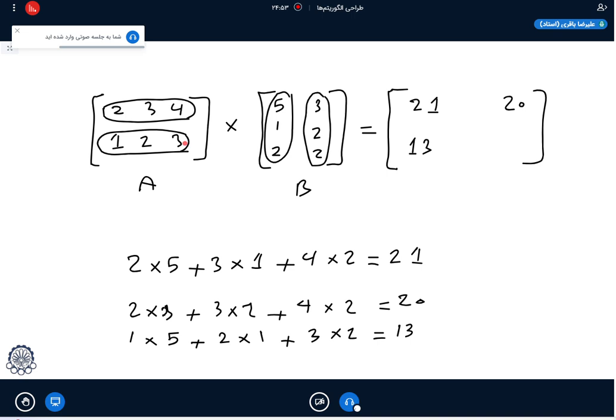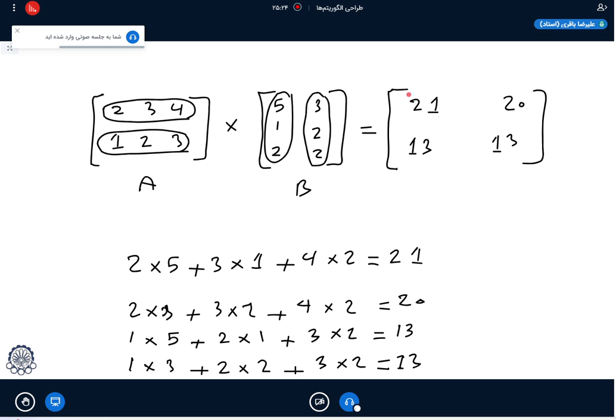And the second row of A is multiplied by the second column of B. 1 is multiplied by 3 plus 2 is multiplied by 2 plus 3 is multiplied by 2. This is 13 again. Okay.